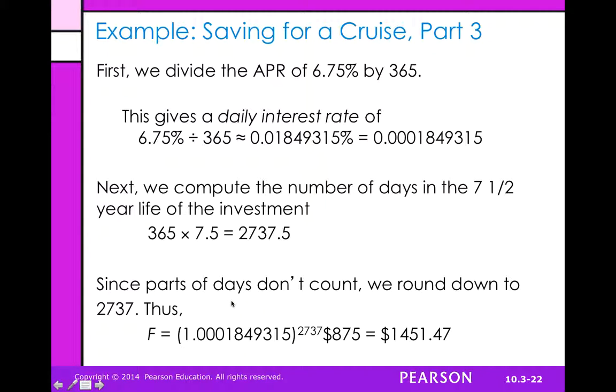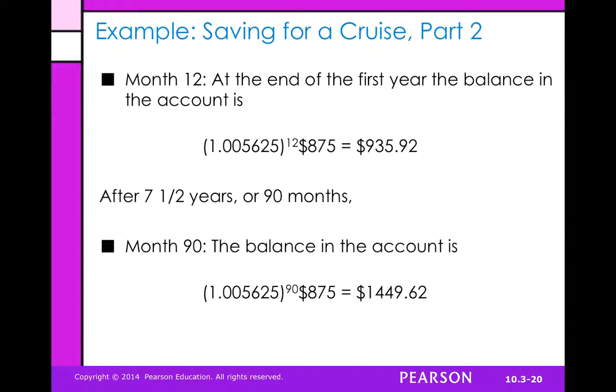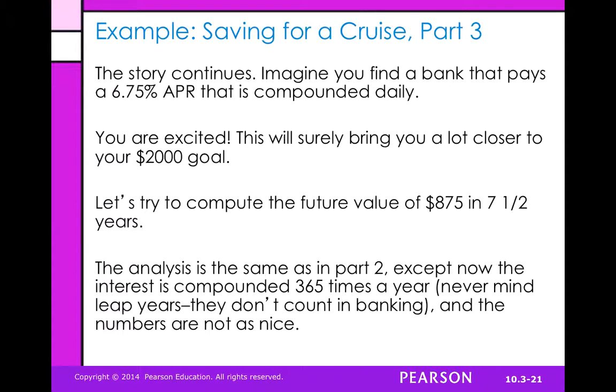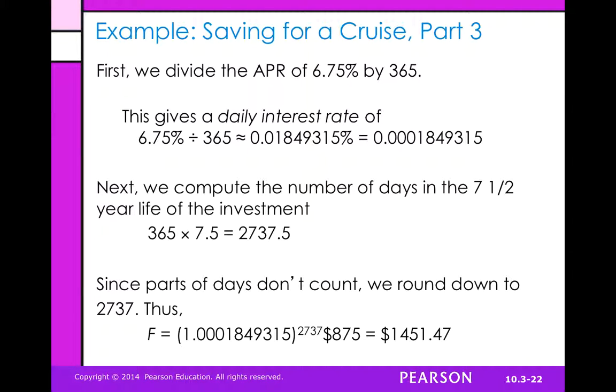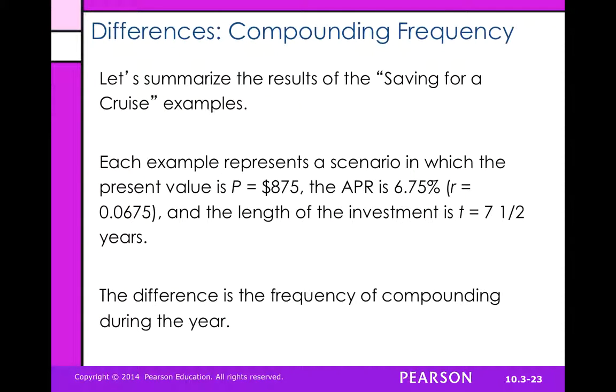So since half days don't count, just like half years didn't count for annual compounding, we round down. So the future value is: take 1 plus your daily interest rate, raise it to the number of days, times 875, and you get 1451.47. So that didn't do a whole lot for us over the monthly compounding. So monthly was 1449, right? This is now 1451. So daily compounding only got us an extra $2.